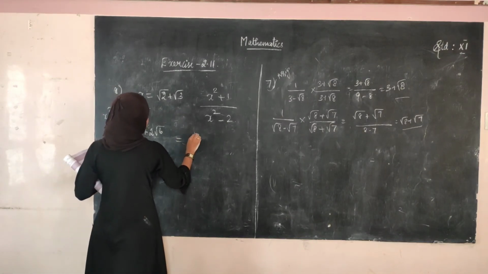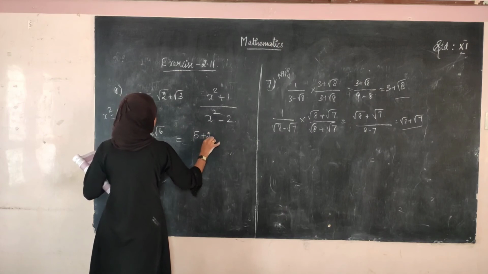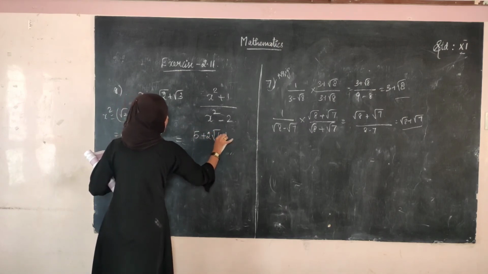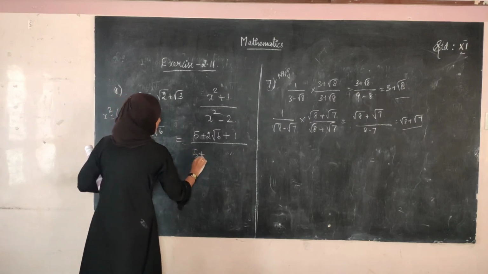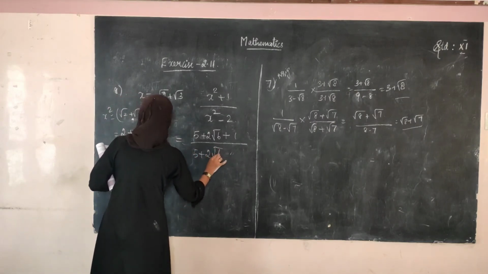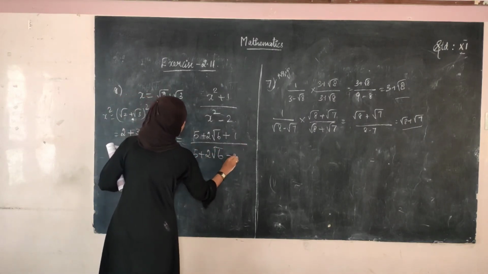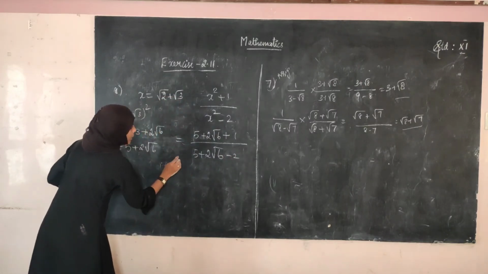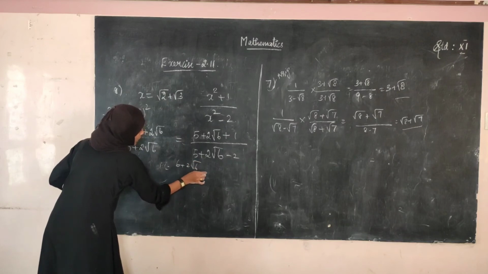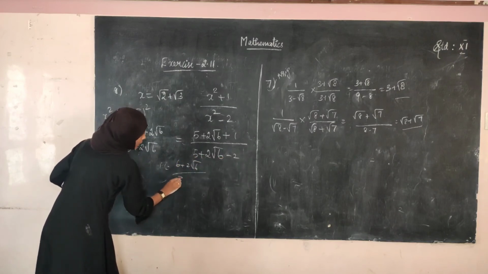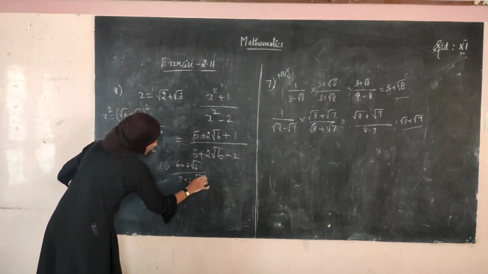Now shall we substitute here? X square value is 5 plus 2 into root 6, plus 1, and in the denominator x square minus 2, which is 5 plus 2 into root 6 minus 2. Simplify that: 5 plus 1 is 6, plus 2 root 6, divided by 5 minus 2 is 3, plus 2 root 6.